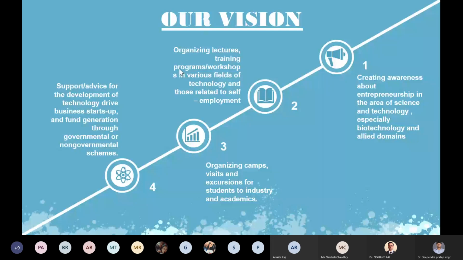Obviously, any club has to organize lectures and training programs in the field of technology, especially those related to self-employment. We also organize camps, visits, and excursions for students to industries and academics, and finally provide support and advice for the development of any technology-driven business startups.